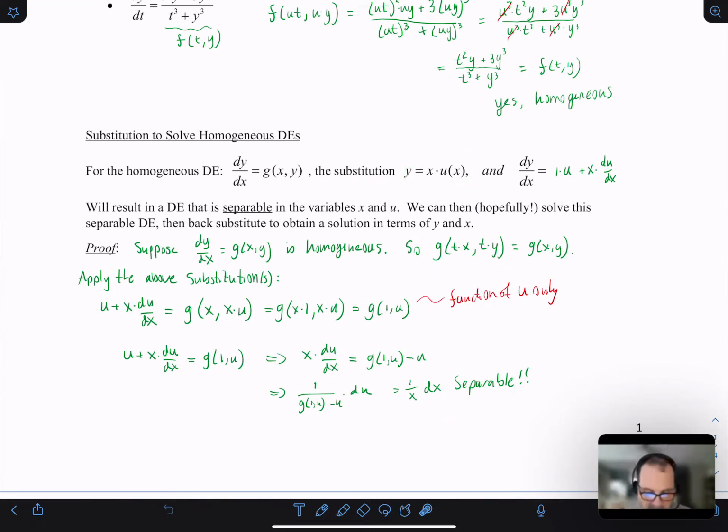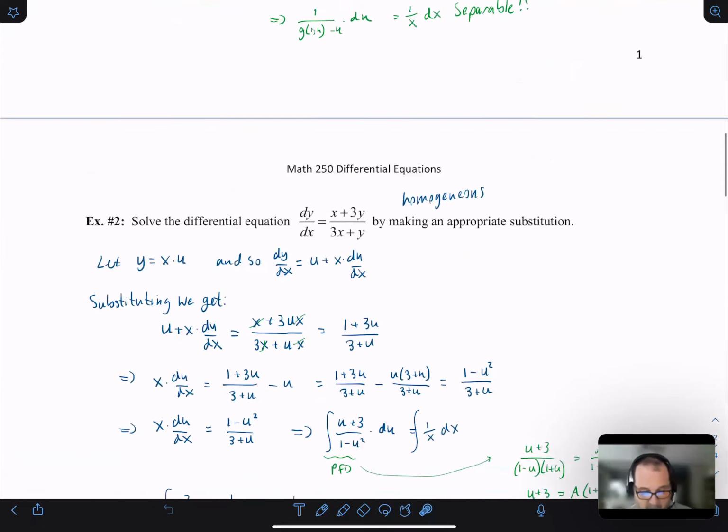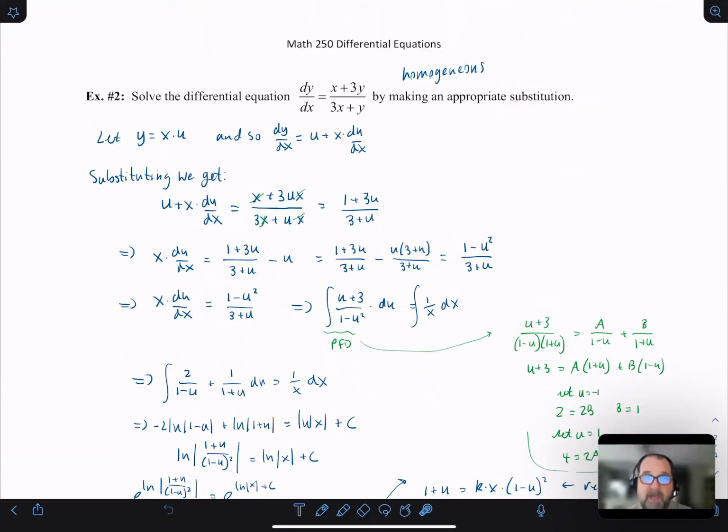You don't need to worry about how that works for now, and we will cover that in class. But the point is, in order to solve a homogeneous equation, we make a substitution that turns it into something that is separable. Once you have something that is separable, we know how to solve those.